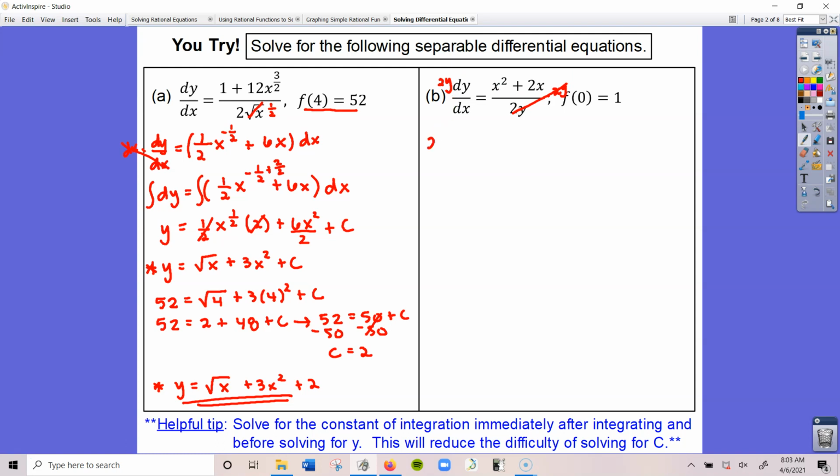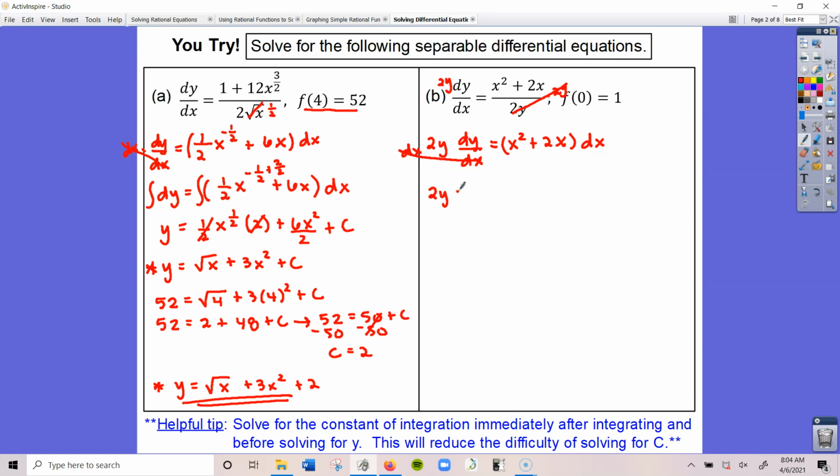So what we have is 2y dy dx is equal to x squared plus 2x. And now I'm going to multiply the dx over to the other side. So that way we have separated our variables. So we have only y's and dy's on the left and the x's and dx's on the right.